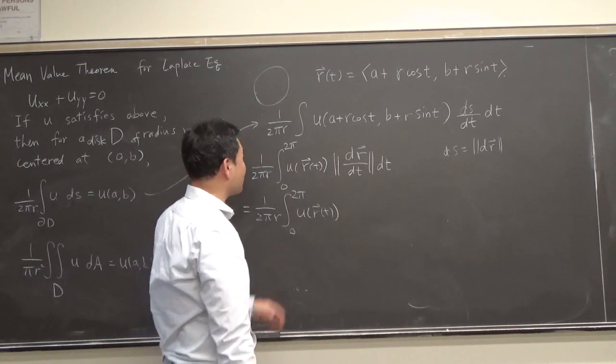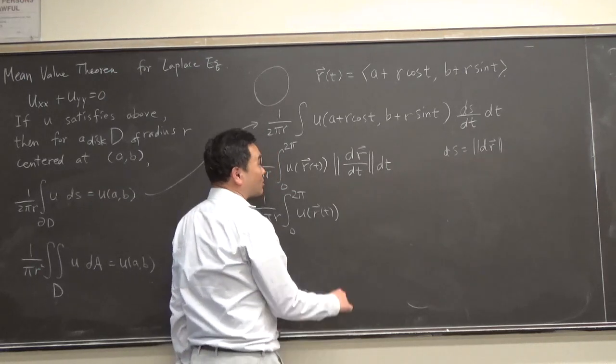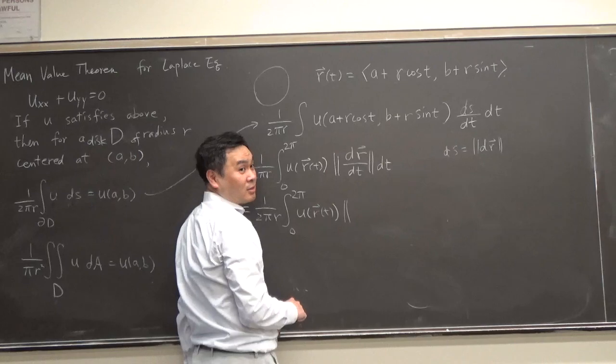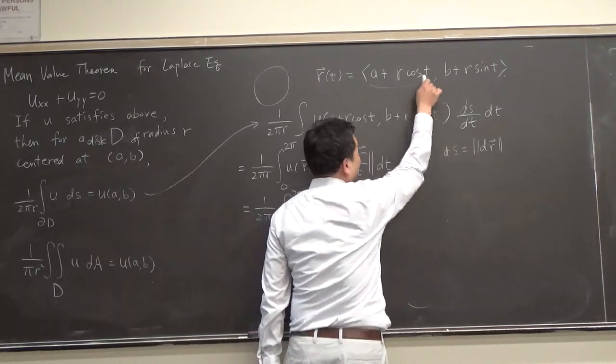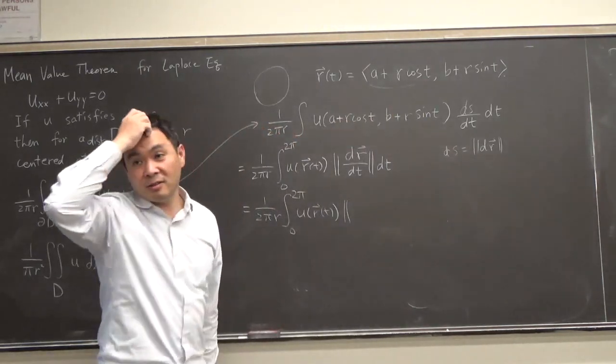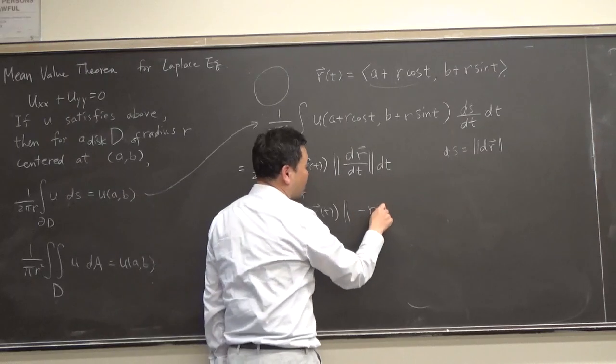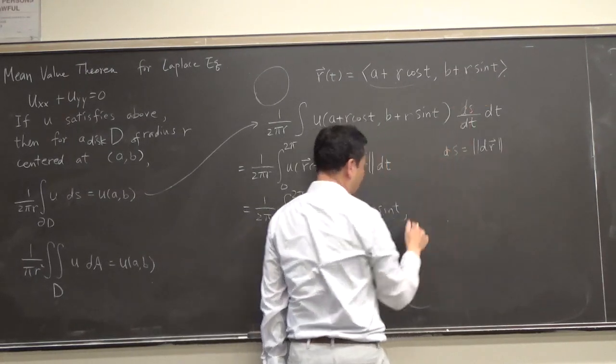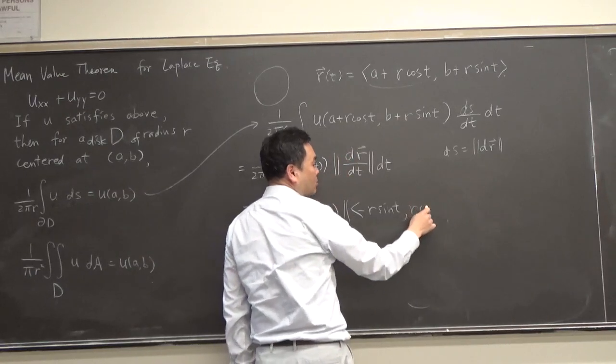Yeah, we're differentiating by t. So what do I get? The norm of, what do you get if you differentiate this by t? Negative r sine t. And what about this one? r cosine t.